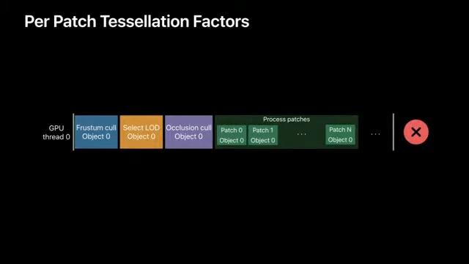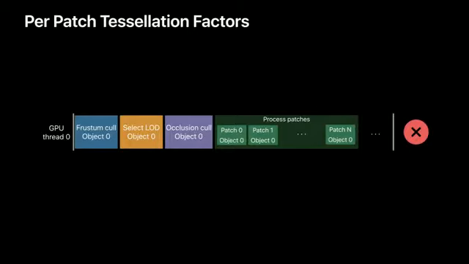Per patch tessellation factors. So let's say we have a mesh that is made up of a bunch of patches, and we want to generate tessellation factors for each patch. We can definitely do this in the culling compute kernel that we talked about that does culling tasks and encodes draw commands. That is, a GPU thread that is processing an object can go through each patch of the object and can generate tessellation factors.